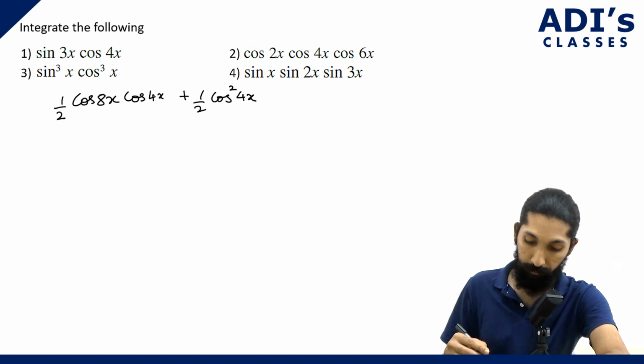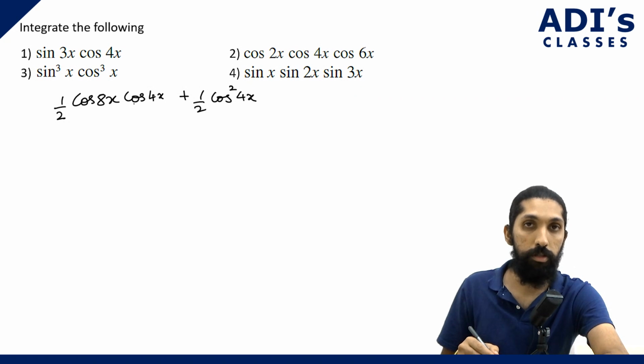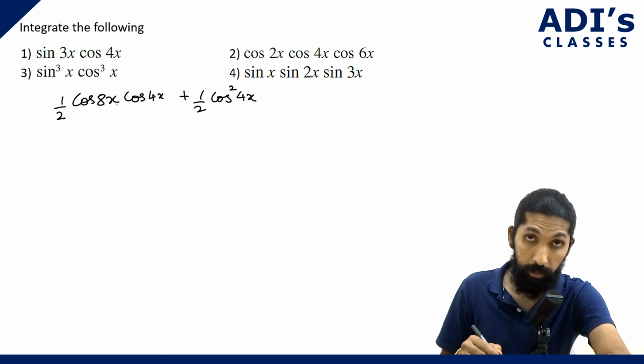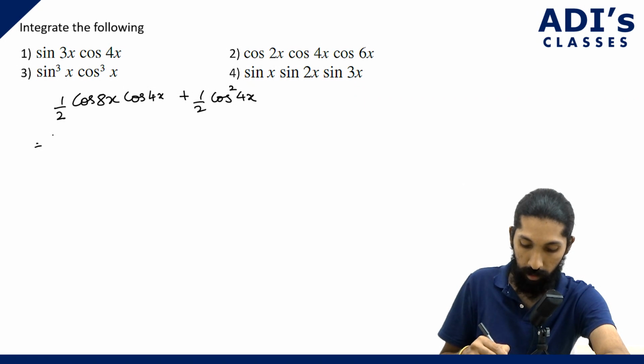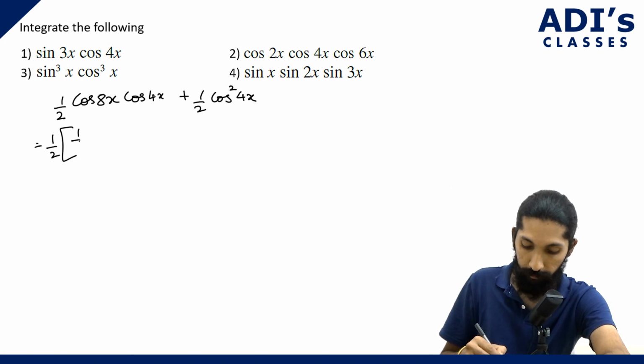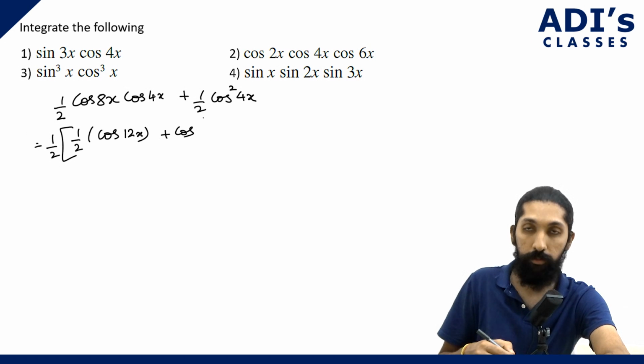But here, you can take cos 8x into cos 4x. Again, apply the transformation formula. So, here you will get this as half of half cos of 8 plus 4, 12x, plus cos of 8 minus 4, which is 4x.